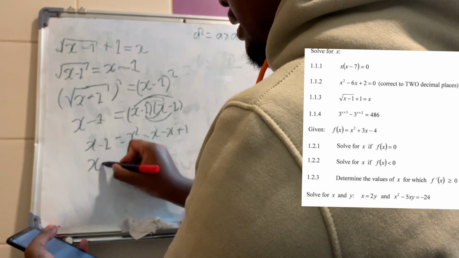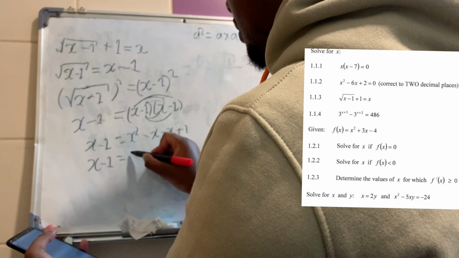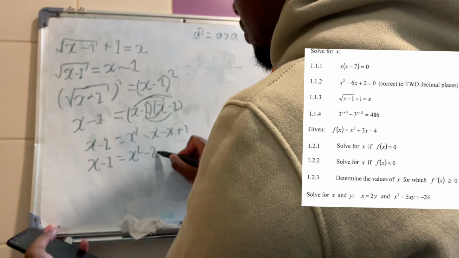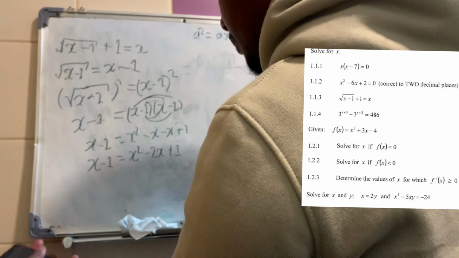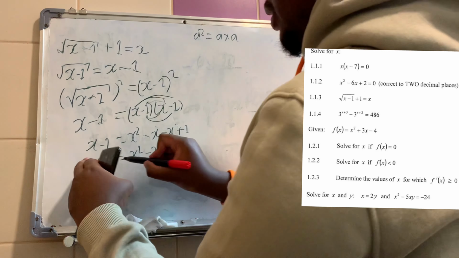So x minus 1 is equal to x squared minus 2x plus 1.